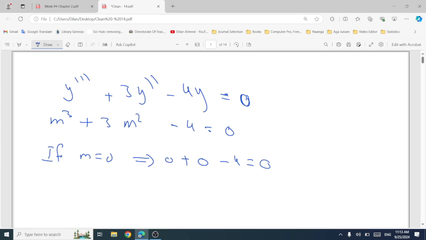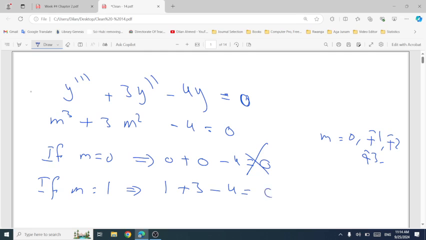No, so it's not a solution. If m equals 1, we think about it: the possible values are 0, plus or minus 1, plus or minus 2, plus or minus 3. If m is equal to 1, I'll get 1 plus 3 minus 4, which is 0. So m equal to 1 is my solution.